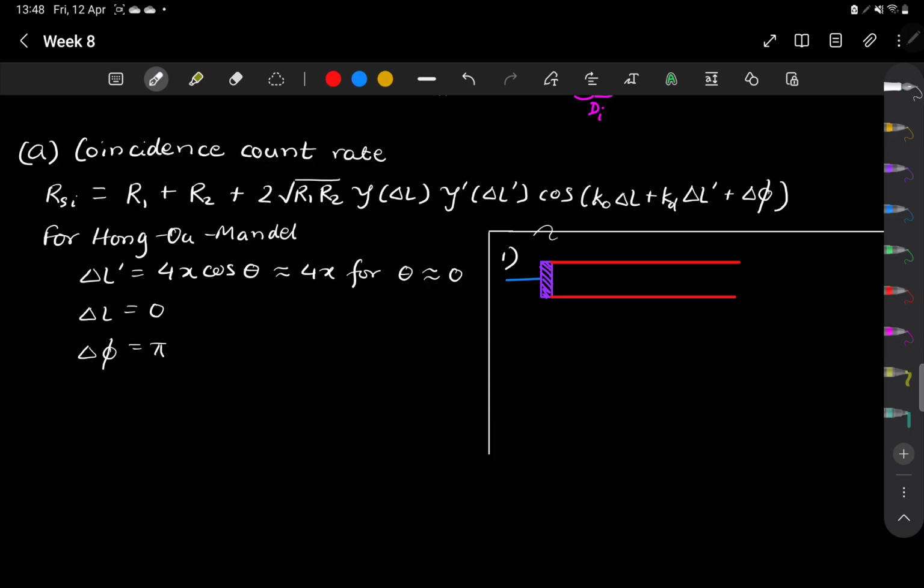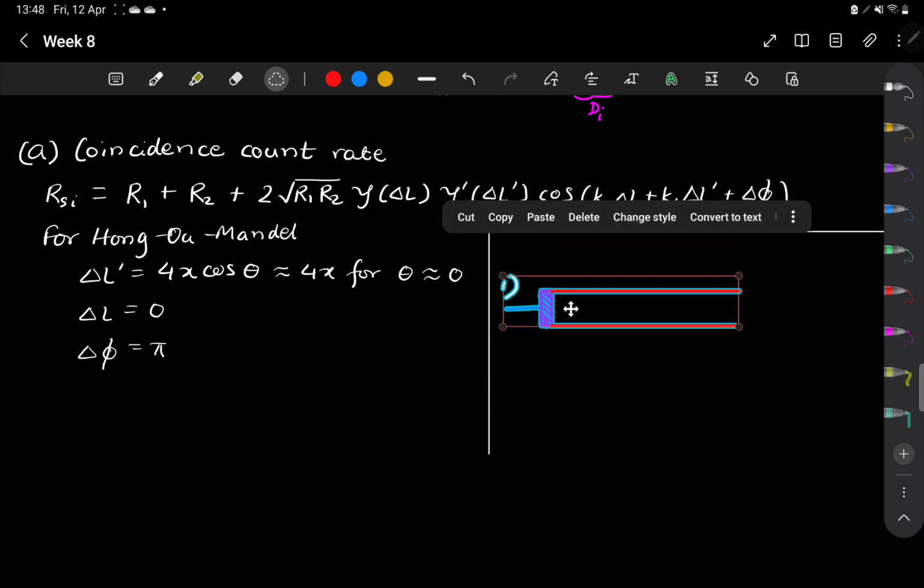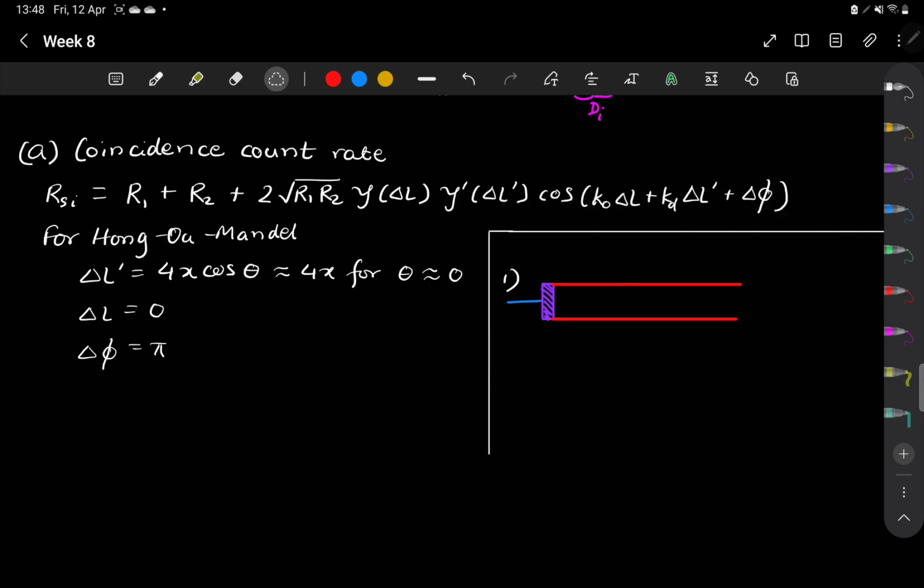Let me bring this a little bit down. So alternative 1 is both transmitted.